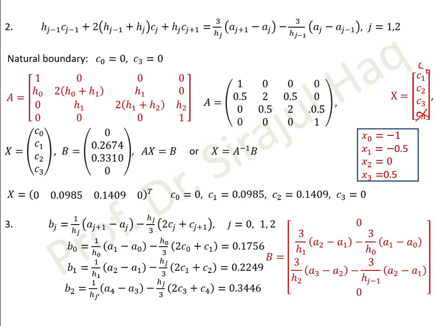This is H2. And of course, sorry, this is H2 for j is equal to 2. Now C3, C4.